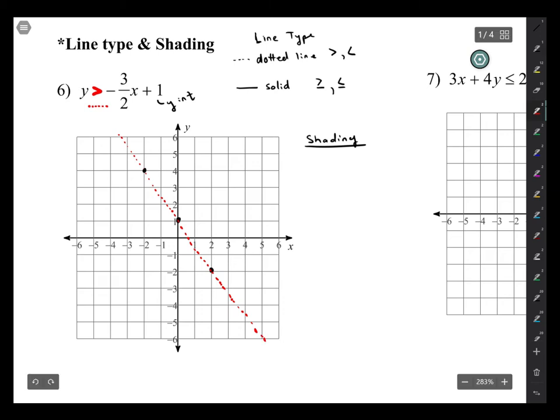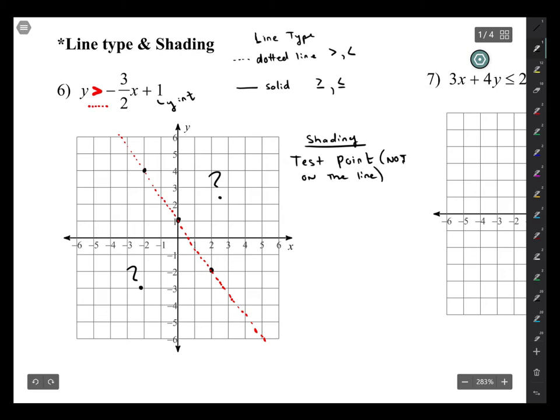And the last part is decide where to shade. So are we going to shade above or are we going to shade below? Where do the solutions lie? One method that I always recommend is known as the test point method. Test a point, and you can test any old point that's not on the line.